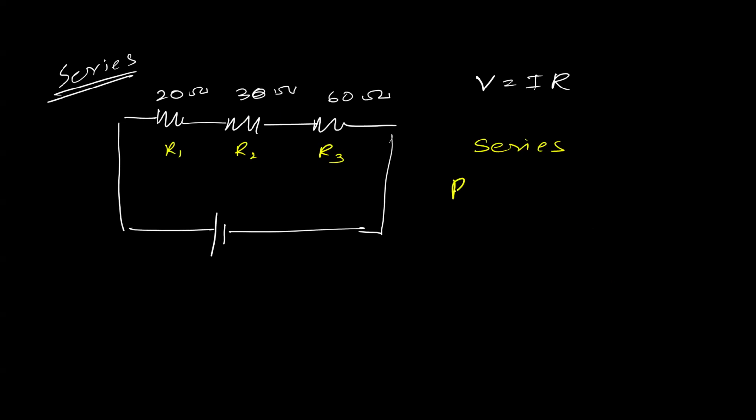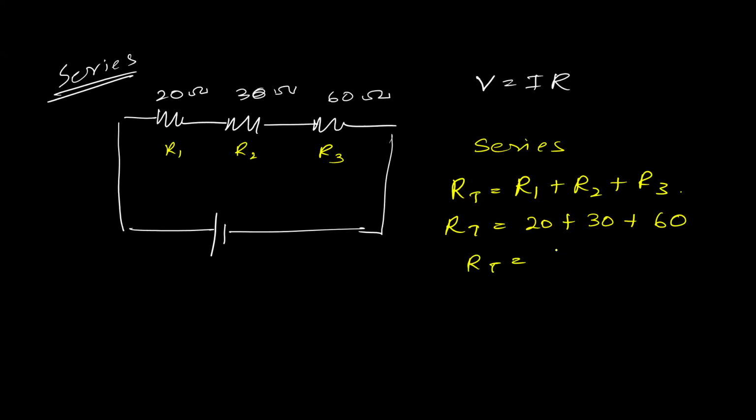To get the R total, we can use R1 plus R2 plus R3. So R total equals 20 plus 30 plus 60 ohm. Directly we can add it: R total is 110 ohms.